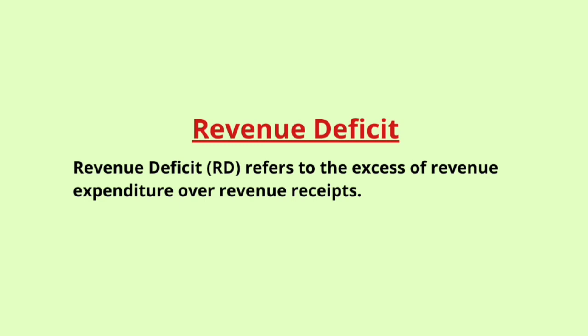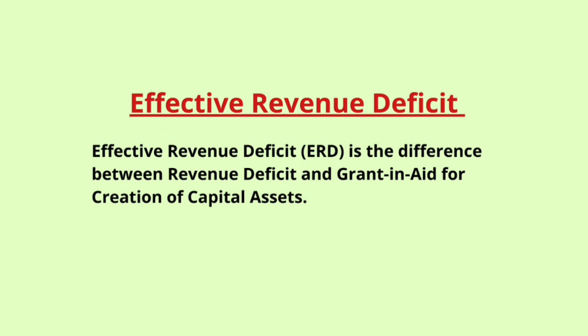Revenue deficit, RD. Revenue deficit refers to the excess of revenue expenditure over revenue receipts. Effective revenue deficit, ERD. Effective revenue deficit is the difference between revenue deficit and grant in aid for creation of capital assets.